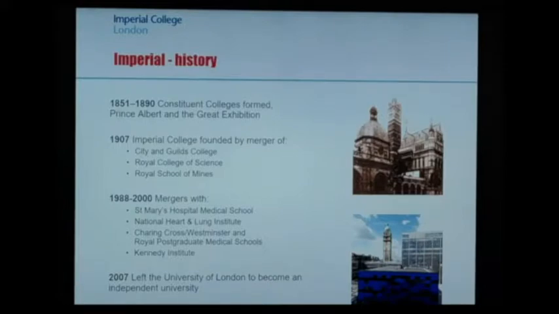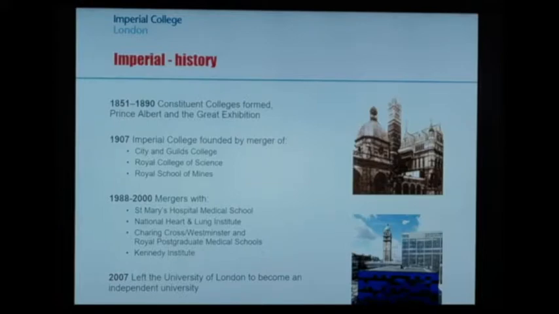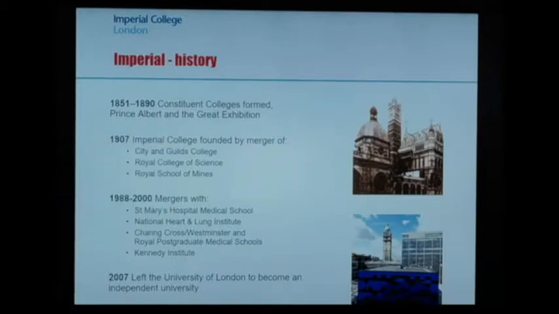So from Imperial College. This is actually a picture of Imperial College as it was probably getting on for 100 years ago. Imperial actually came out of the Great Exhibition, which was something, I don't know if you know, Victorian Albert, when Queen Victoria was Queen of England and Albert was her husband.